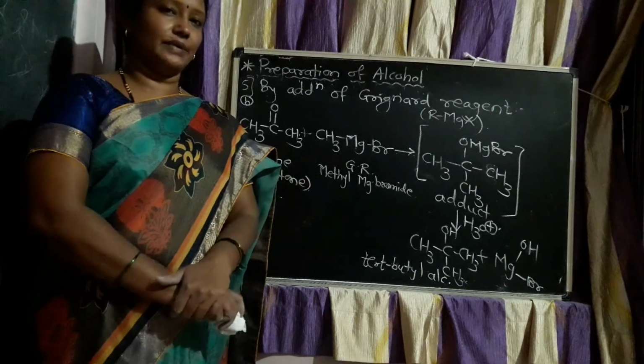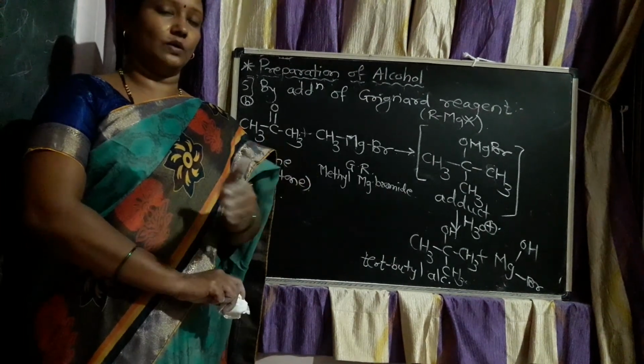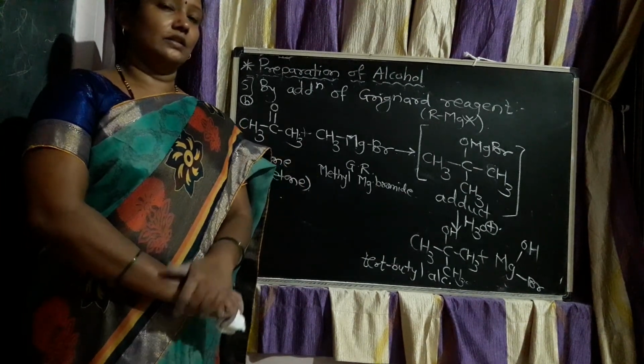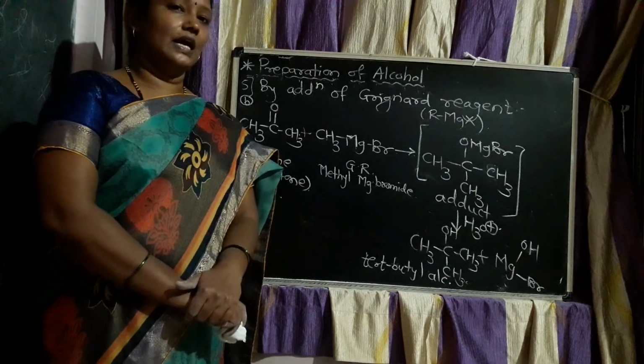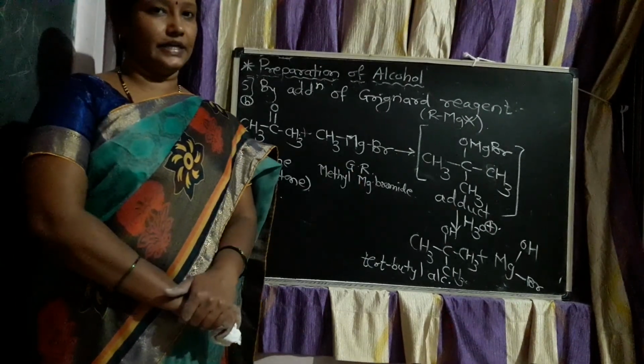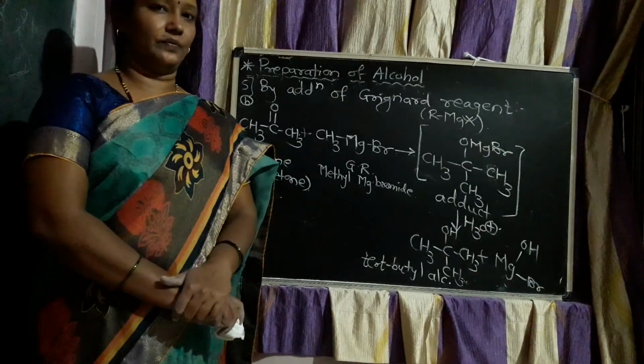In this, the three sub-reactions we studied are aldehyde, ketone and carboxylic acid. Then fifth one is addition of the Grignard reagent to aldehyde and ketone.